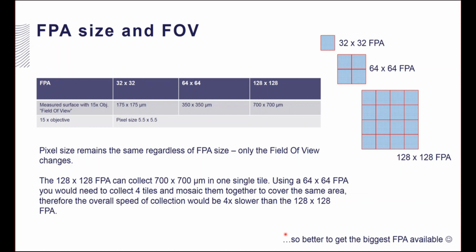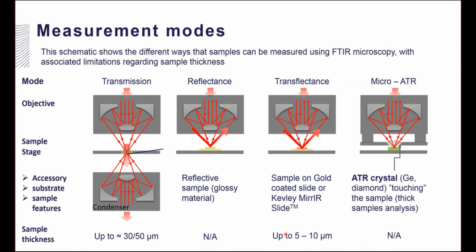So the bottom line is that it's better to have a big focal plane array if we want to image faster and to image larger areas.